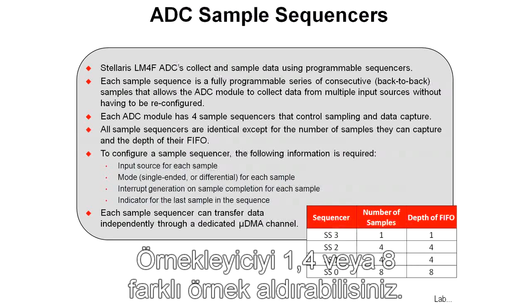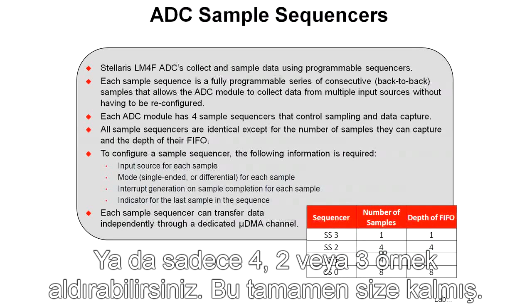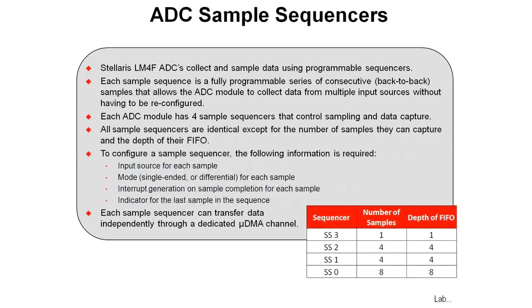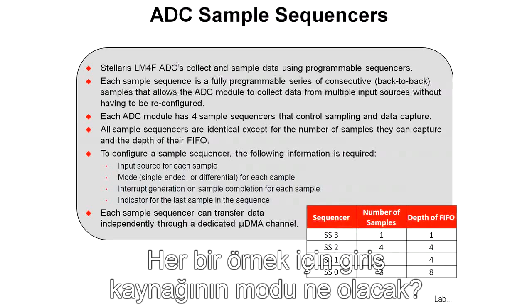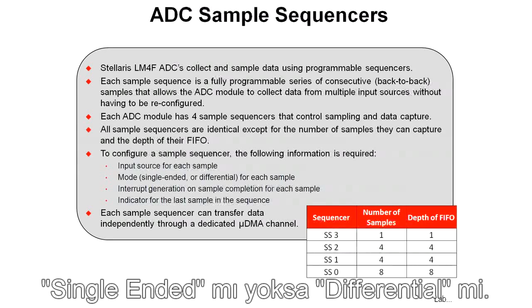So you configure a sample sequencer with 1, 4, or 8 different samples, or, let's say on one that has 4 samples, you might only use 2 or 3. That's all applicable. You configure the input source for each sample. What's the mode? Is it going to be single-ended or differential?